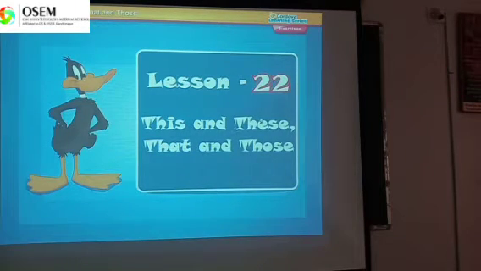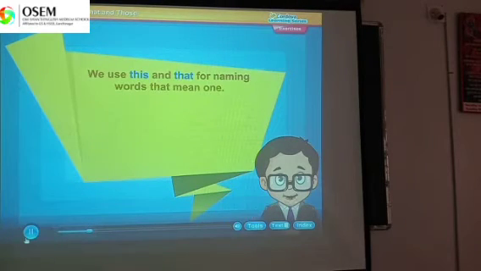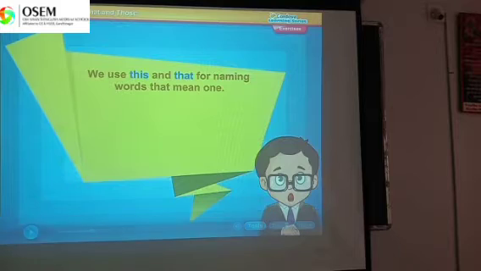This and these, that and those. We use this and that for naming words that mean one. Students, we use this and that with singular nouns.